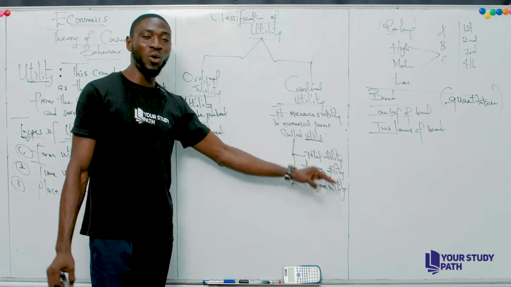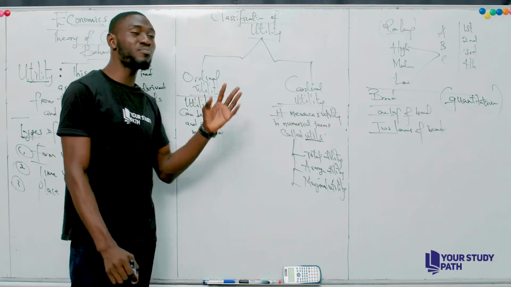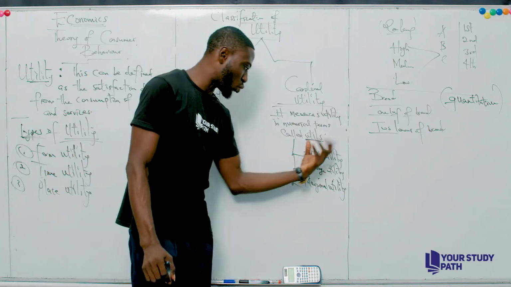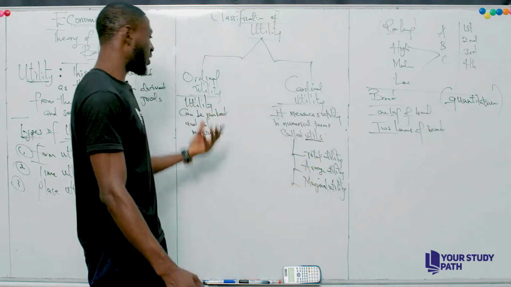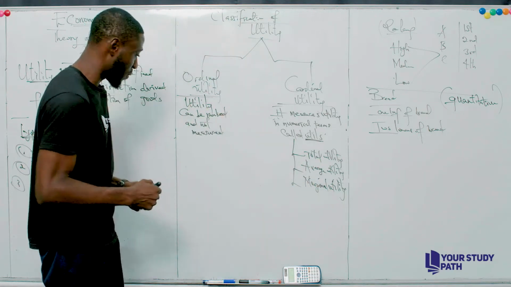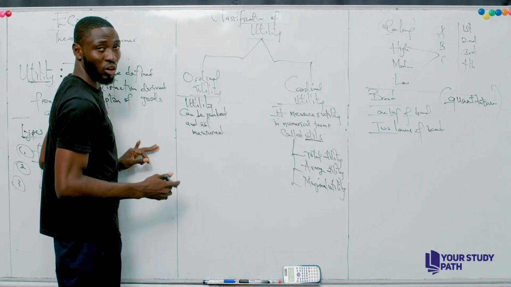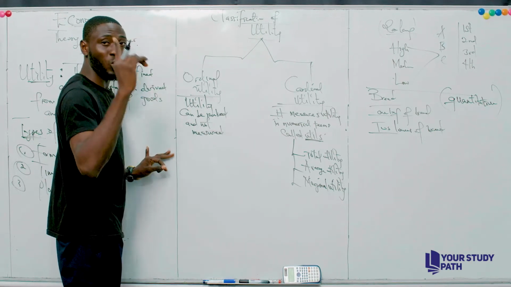We are going to see what all these three things mean. Before we proceed, let's come to the ordinal. If cardinal is giving us total, average, and marginal, what then does the ordinal use? Very simple. The classification of the ordinal utility is just one tool.